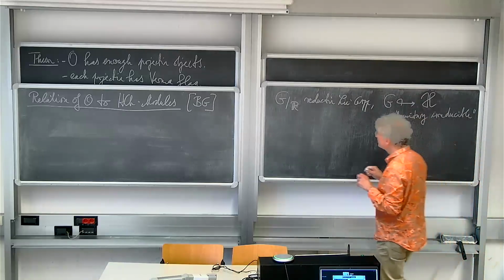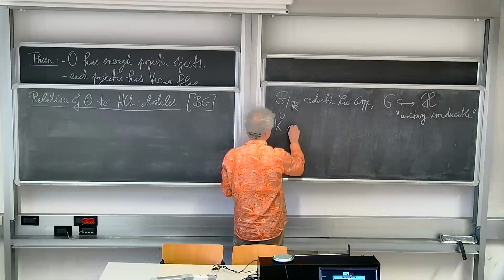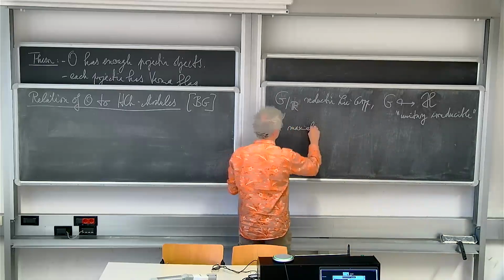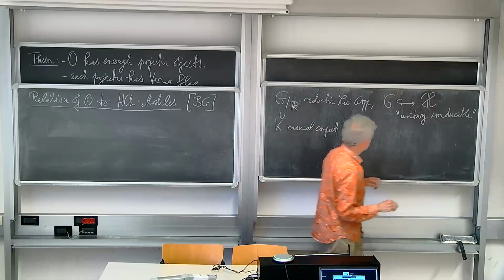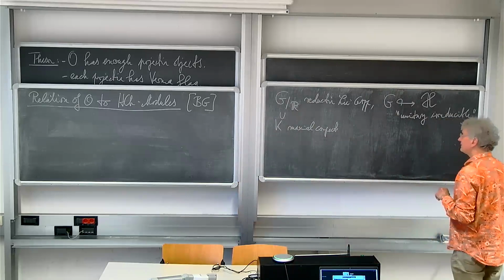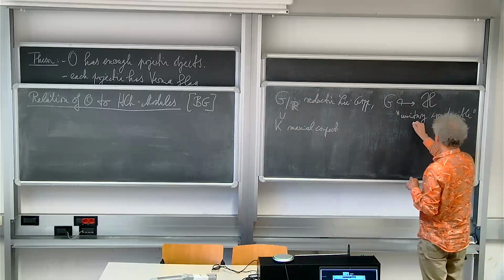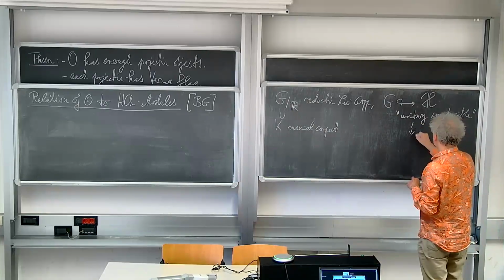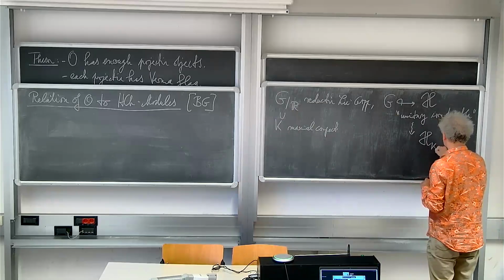But what you can then do is take a maximal compact subgroup K. You take the K-finite vectors.